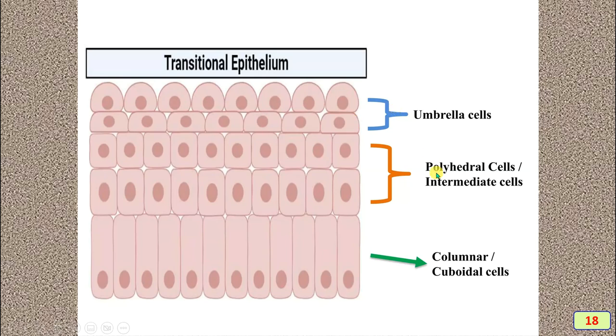Here you can see that they have different types of layers: the upper layer is umbrella cells, then the middle layer is polyhedral cells, also called intermediate cells, and the last layer is columnar or cuboidal cells. So this is a characteristic feature of the urinary system, the urethra, the urinary bladder, and the renal calyces. All such cells are stretchable in nature.